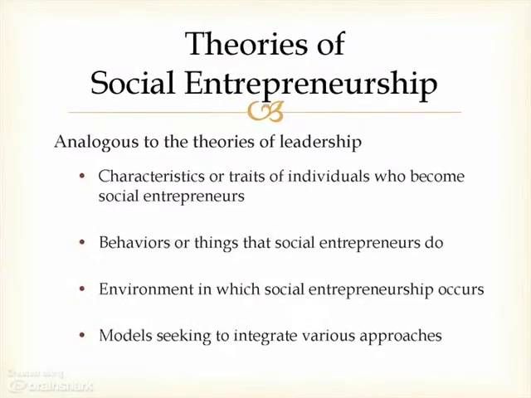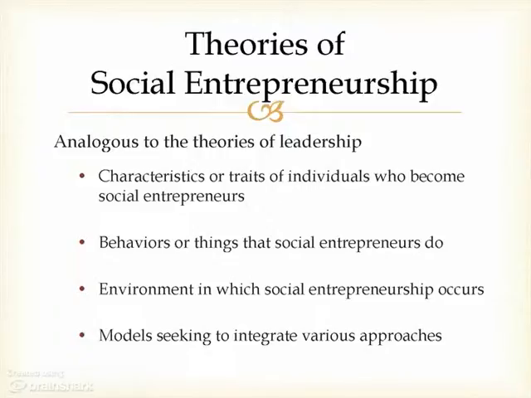So now let's talk a little bit about the theories of social entrepreneurship. There's a discussion in your book that talks about the theories of entrepreneurship being analogous to the theories of leadership, meaning they would be similar or the same, that we talked about in Chapter 5. And that would be where the theories emphasize the characteristics or the traits of individuals who become entrepreneurs. And then other theories talk about behaviors, things that entrepreneurs and social entrepreneurs in particular do.